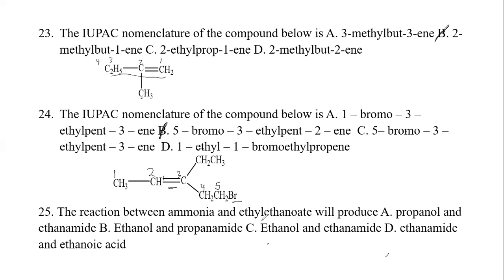Now, question number 25. The reaction between ammonia and ethyl ethanoate will produce what? Now, this is ethyl ethanoate. This is an ester.